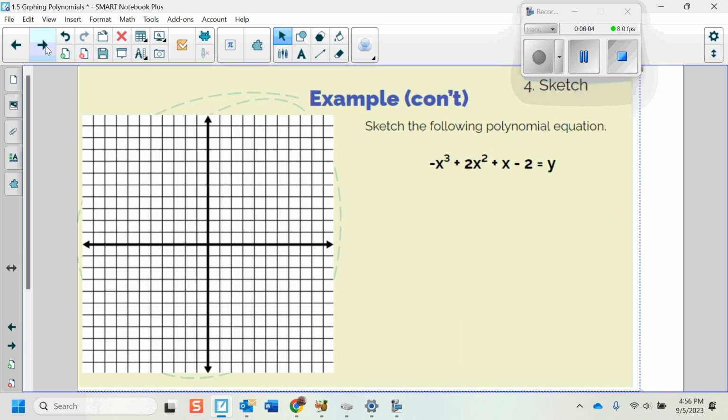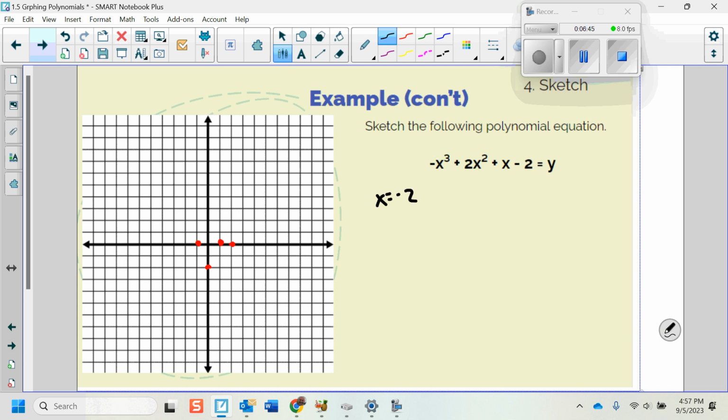With that information, now we sketch it. I said my intercepts are (1, 0), (-1, 0), and (2, 0), and my y-intercept was (0, -2). I could also calculate another point, say let x equal -2.